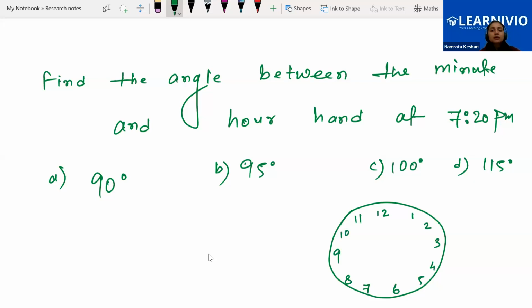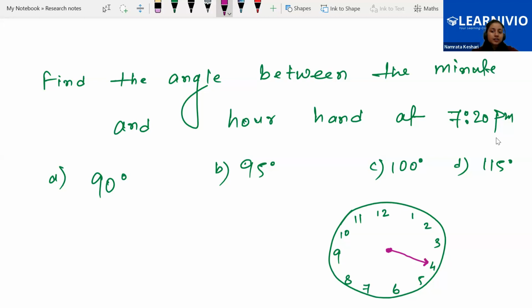The angle between the minute and hour hand when it is 7:20 p.m. The minute hand will be here, right, Alina? Yes, ma'am.